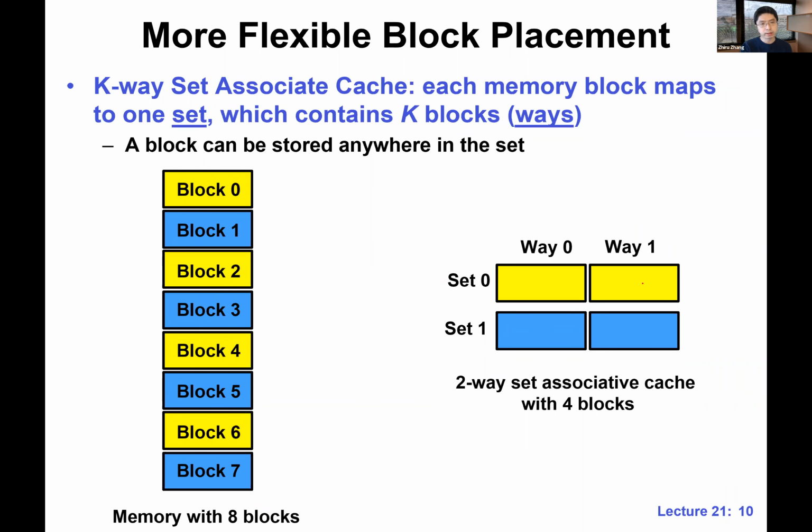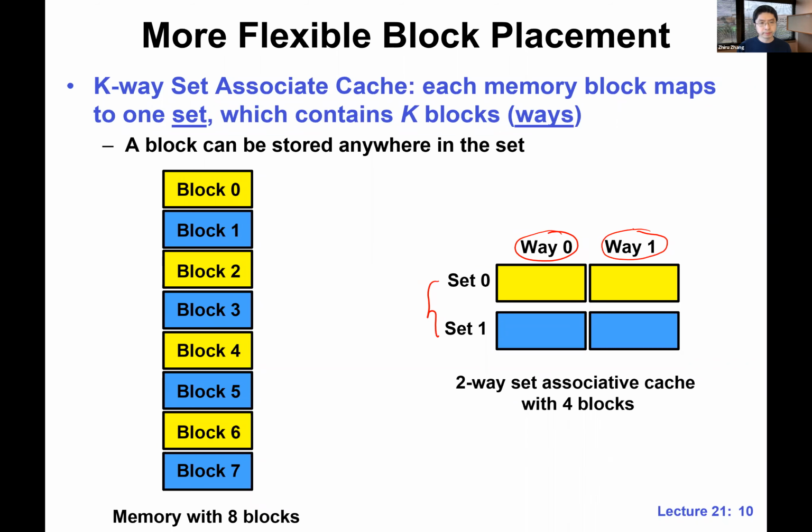In this set, they are indistinguishable. What do I mean by that? First, we still have 4 cache blocks, but now we have 2 sets. Within each set, we have 2 ways, way 0 and way 1. Each way corresponds to a cache block.